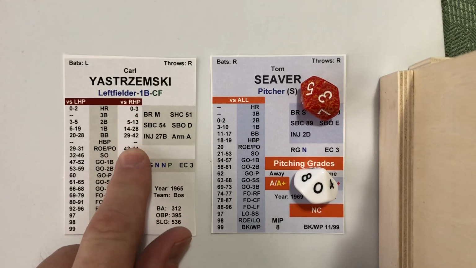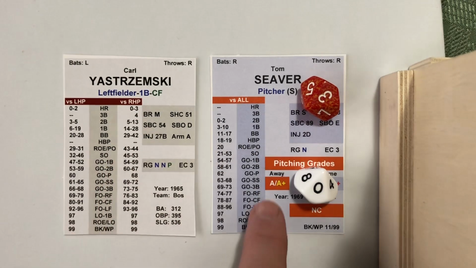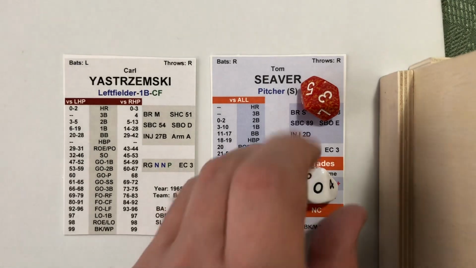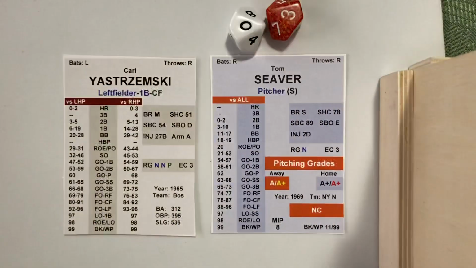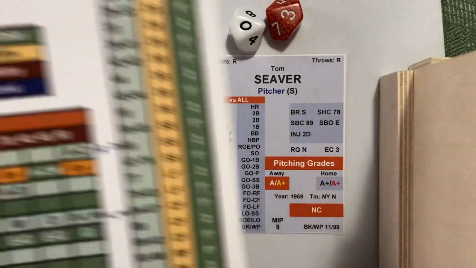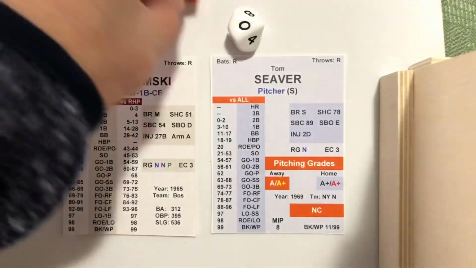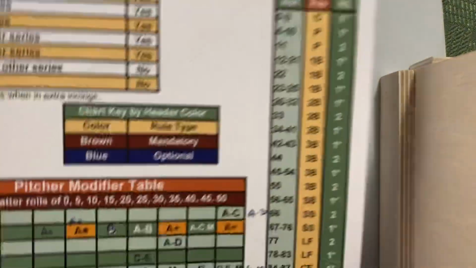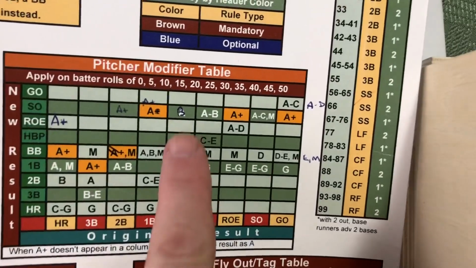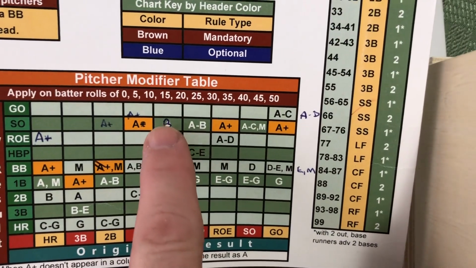Seaver's a right-handed pitcher, and that's a walk for Yastrzemski if nobody's on base because Seaver is a B or better pitcher. So the walk here against Seaver, the A pitcher, because I rolled a 30, would go like this. The A, up here, becomes a strikeout.